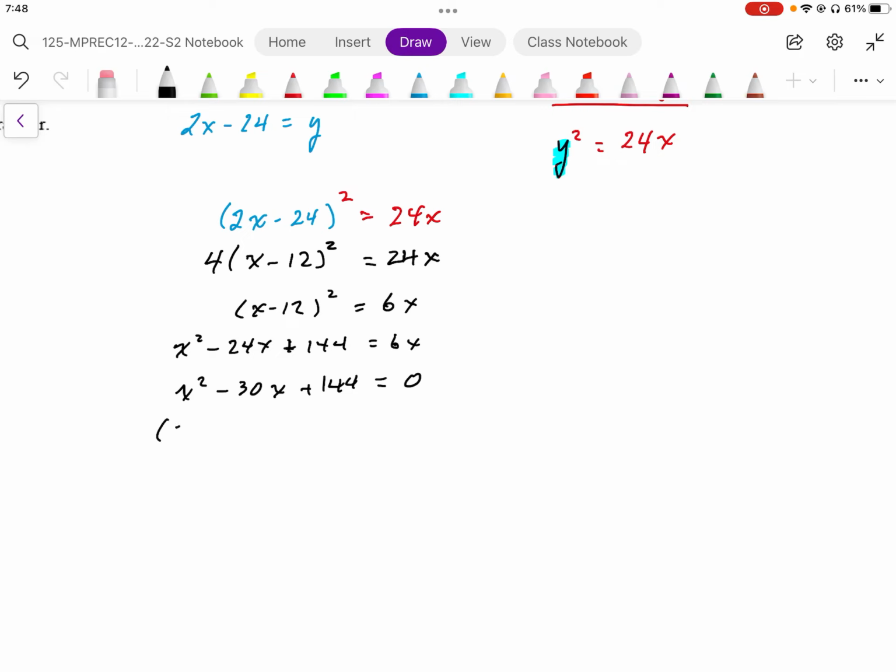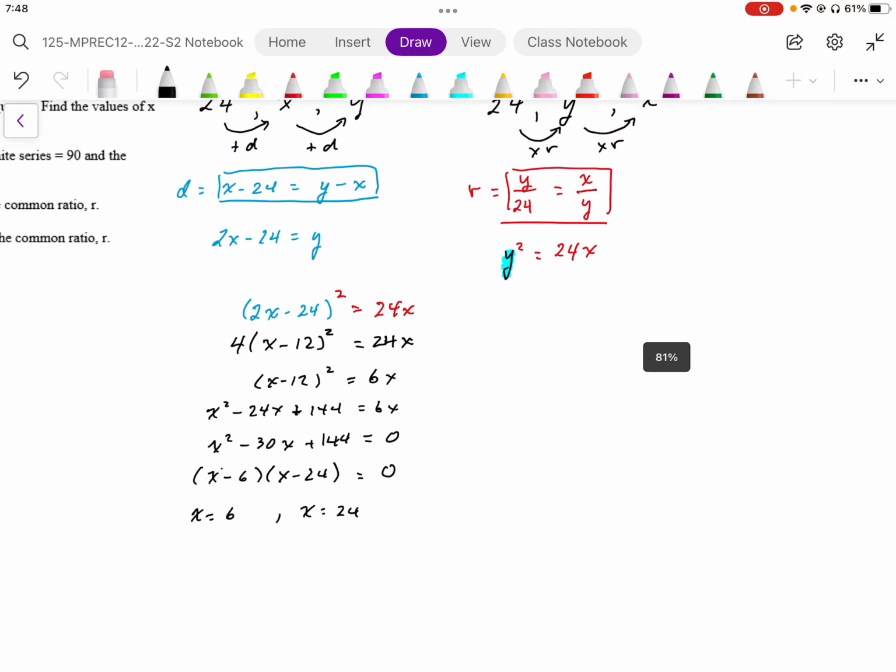This is factorable, so I have x minus 6, x minus 24. So 6 times 24 equals 144, and 6 plus 24 is equal to 30. So this gives me a value for x. x is equal to 6, and x is equal to 24.